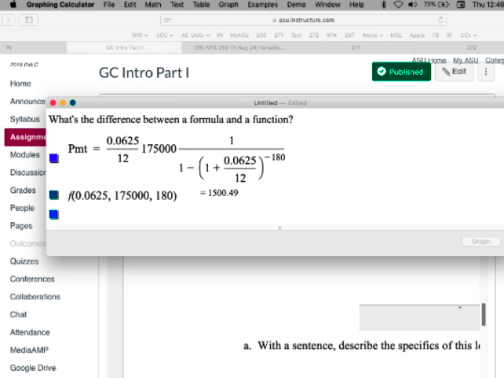Yeah, just input those values. Tell me what to write, Jason. So y equals. Tell the GC to graph, right? PMT, with that graph for different interest rates.